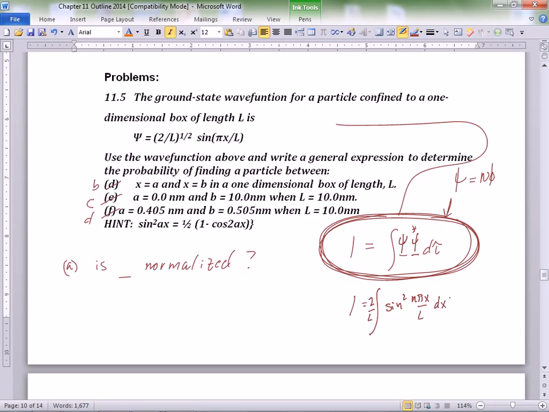Is it right? They want to know if something's normalized. So all you do is whatever they're asking about, you put it in for that something. Is this normalized? Just put it in for that. And you can write a question mark over the 1, I guess. Do you get 1?